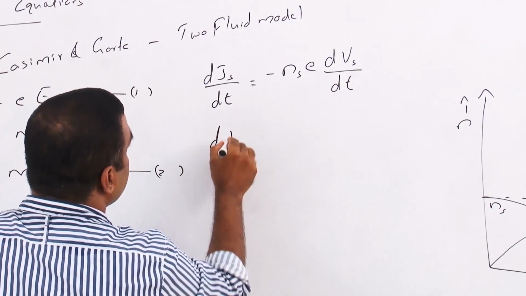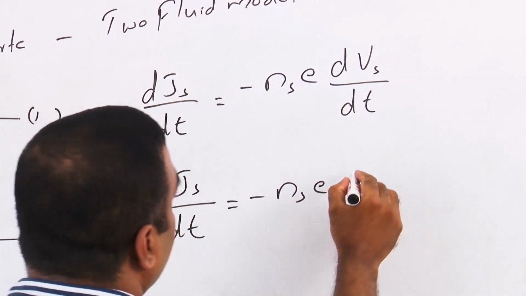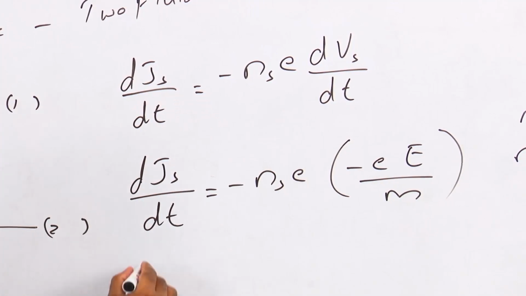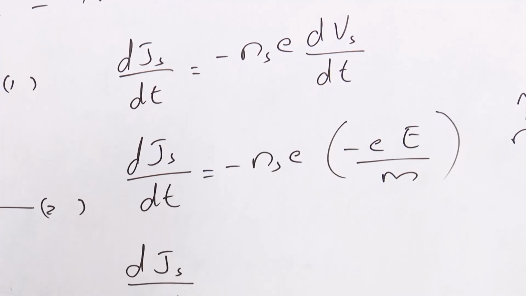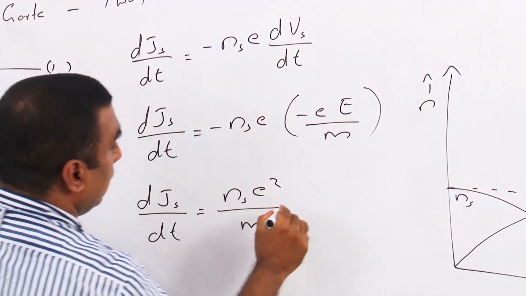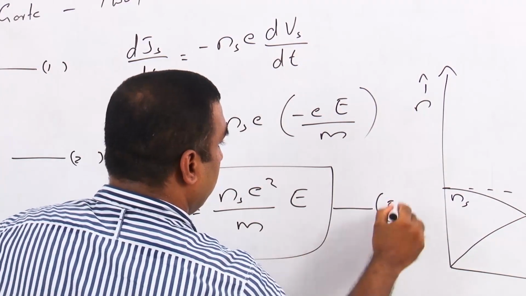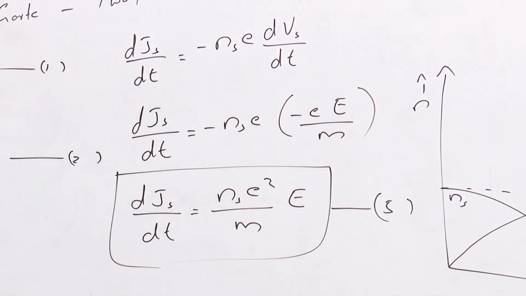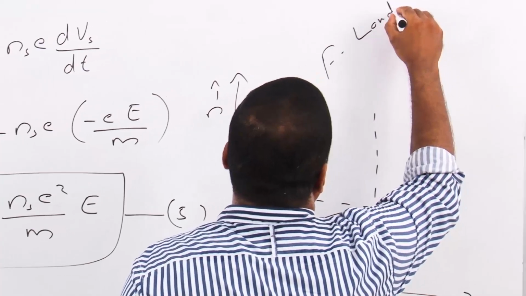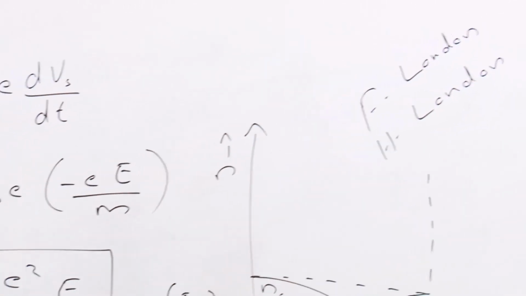So dJs by dt is equal to minus ns e into minus eE by m, or dJs by dt is equal to ns e square by m into E. This expression is called the first London equation, developed by two brothers, F. London and H. London.